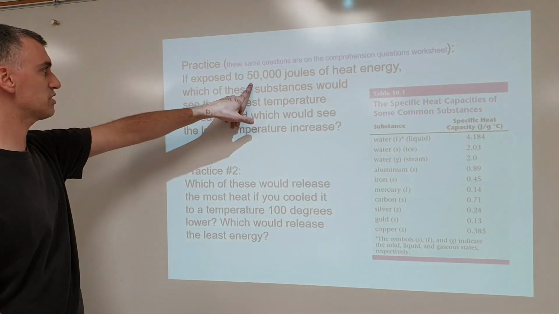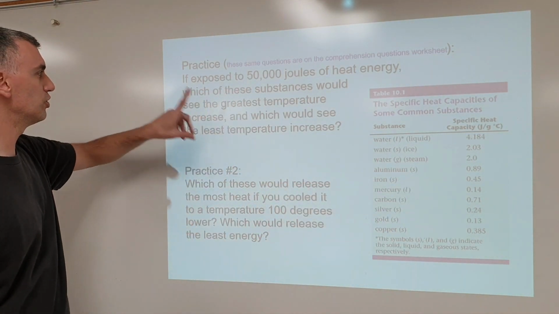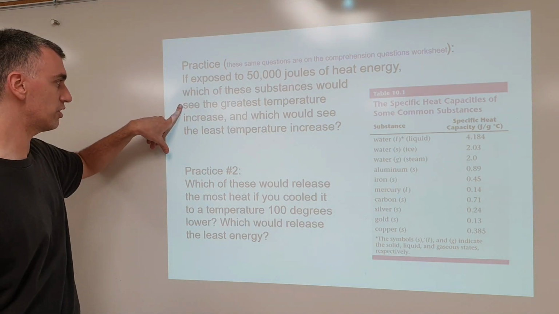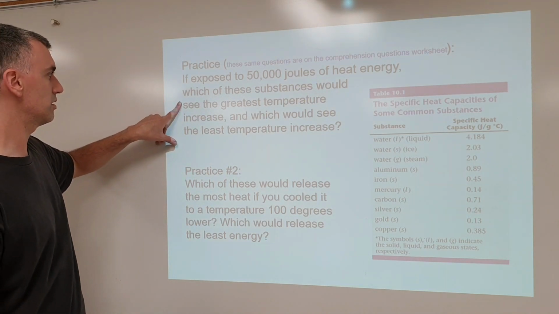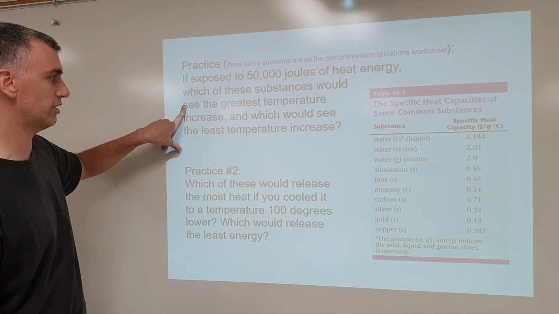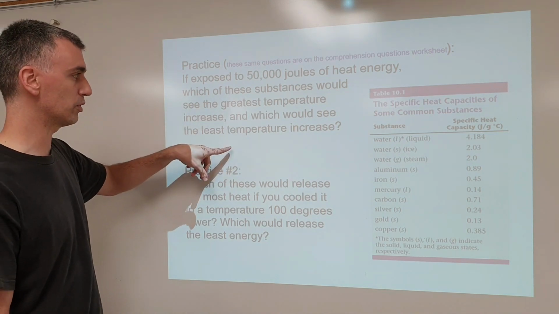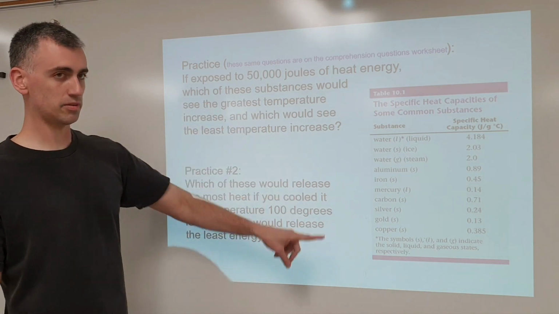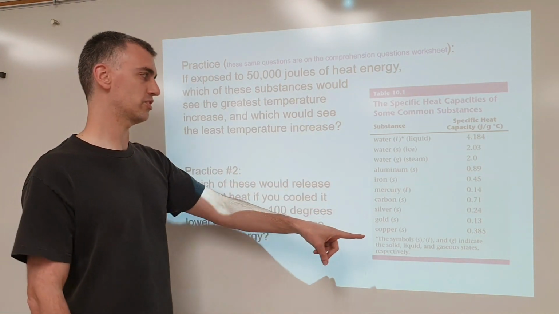And you can say, okay, if exposed to 50,000 joules of heat energy, which substance would see the greatest temperature increase and which would see the least temperature increase? And the answer is, remember, high specific heat capacity means high resistance to temperature change.